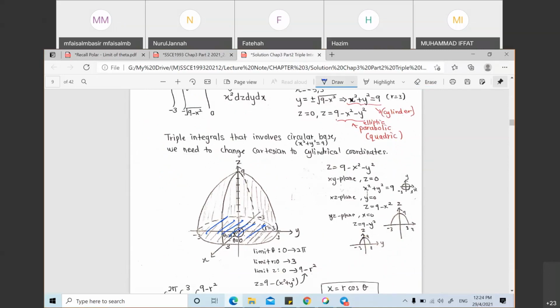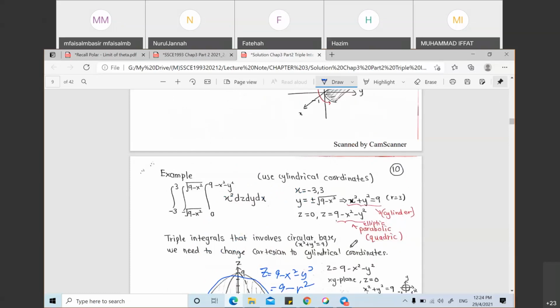Easy. And your z is from 0 to 9 minus x squared minus y squared, which is 9 minus r squared. Remember, for cylindrical, everything should change into r and theta.